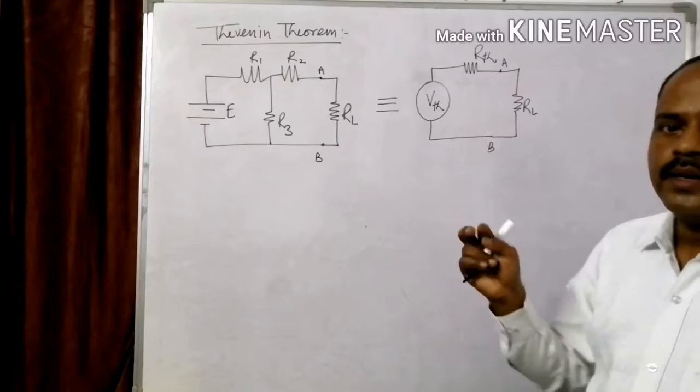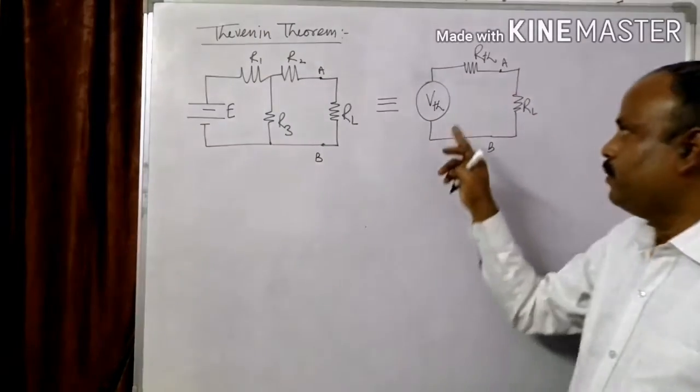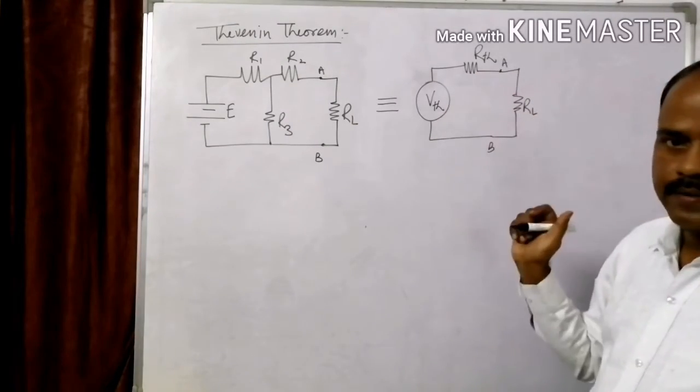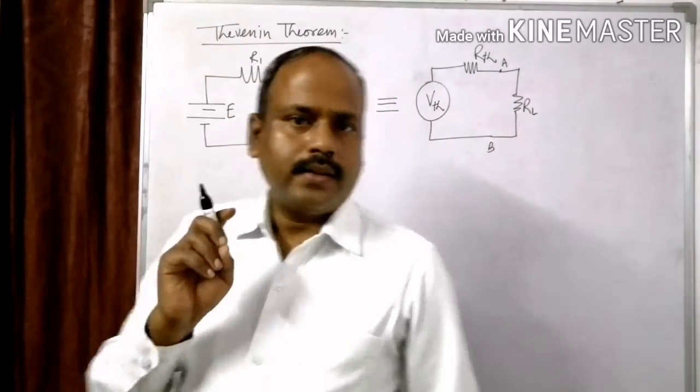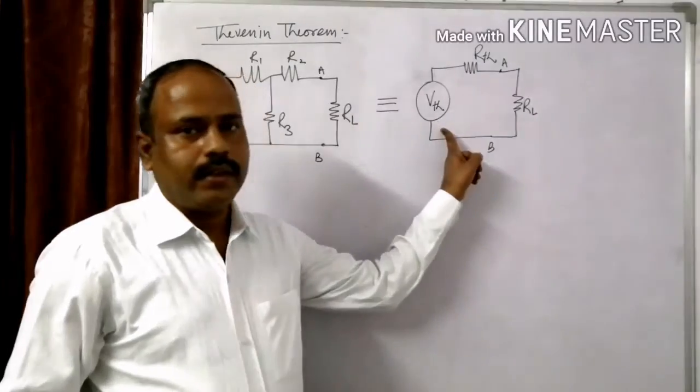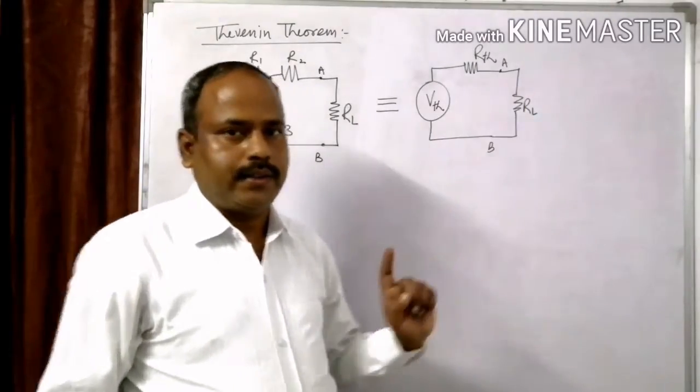In this circuit, there are three components: VTH, RTH and RL. Now our task is how to calculate VTH and how to calculate RTH.